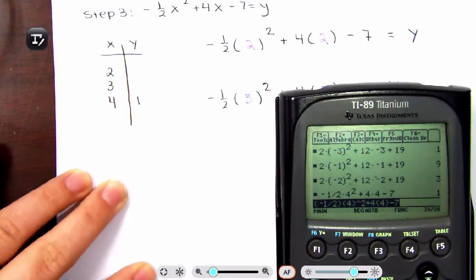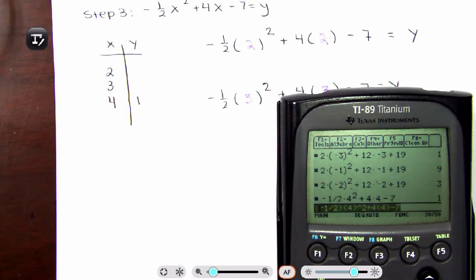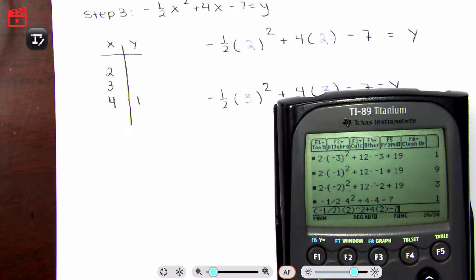I'm going to shift this up so I can see what I'm typing in. So negative 1 divided by 2, then times 2 squared plus 4 times 2 minus 7, and I get an output of negative 1.